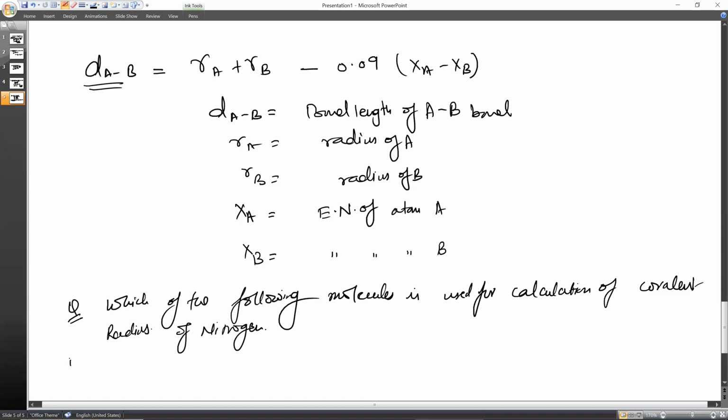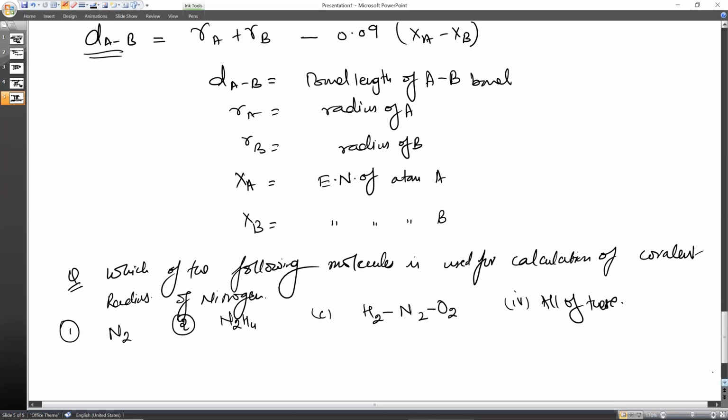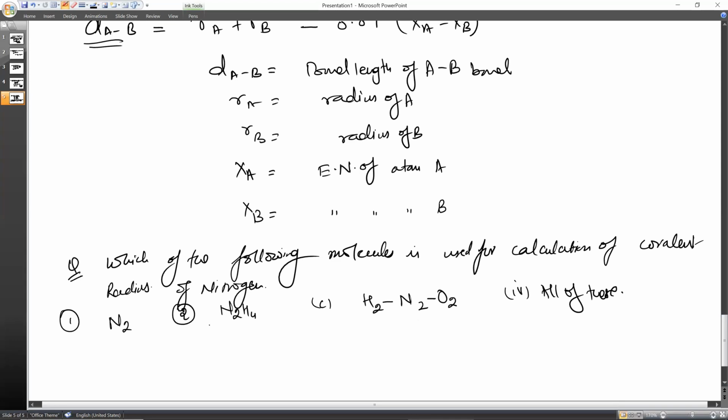The first option is N2, the second is N2H4, the third is N2O2, and the fourth is all of these. When we calculate the bond of nitrogen, in N2 the nitrogen has a triple bond.